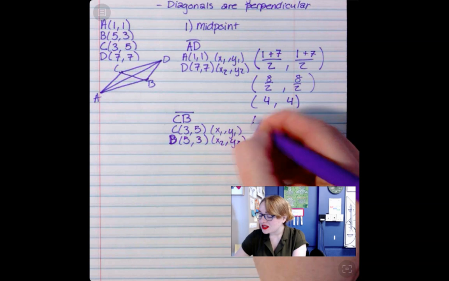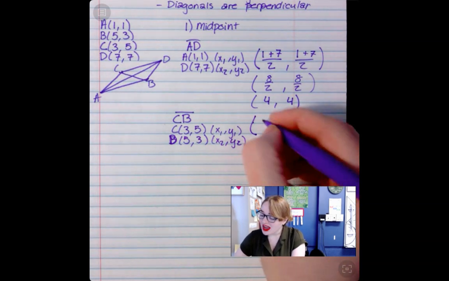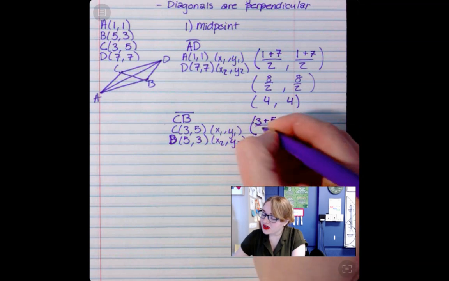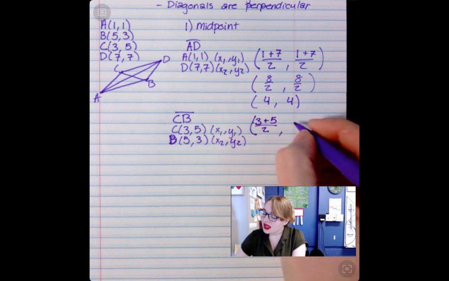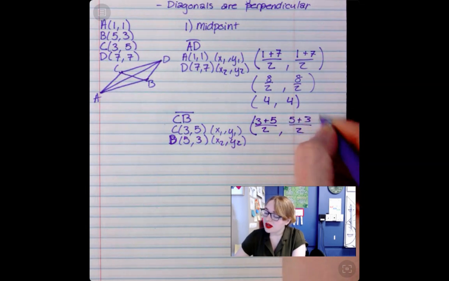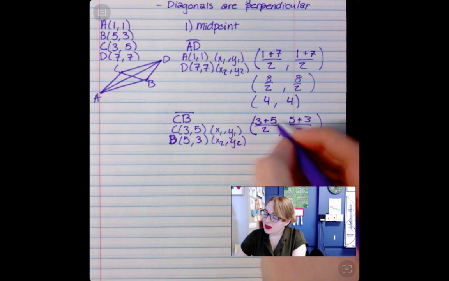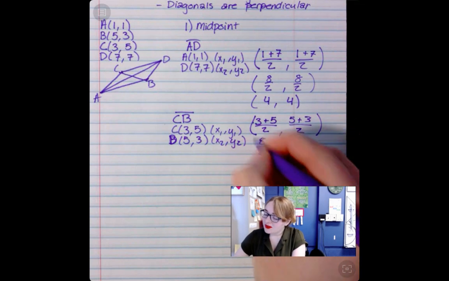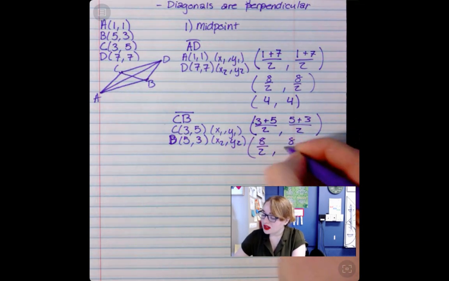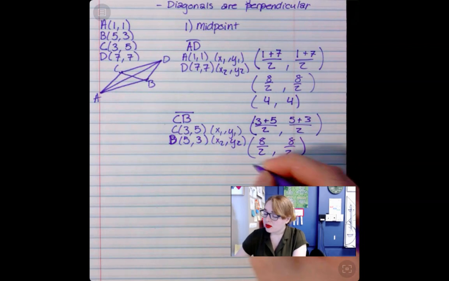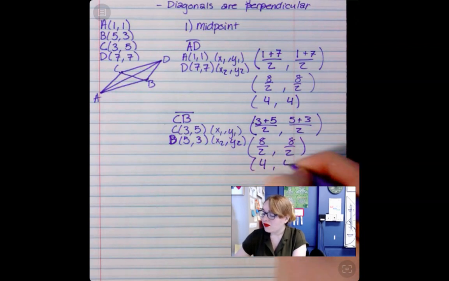And we're going to plug these into our formula. So we have x1, which is 3, plus x2, which is 5, divided by 2. And over here we have our y1, which is 5, plus our y2, which is 3, also divided by 2. 3 plus 5 gives us 8 divided by 2, and 5 plus 3 also gives us 8 divided by 2. When we simplify that, we get 4, 4.